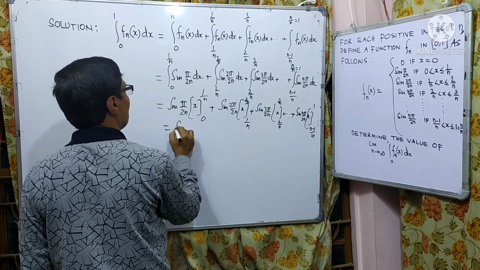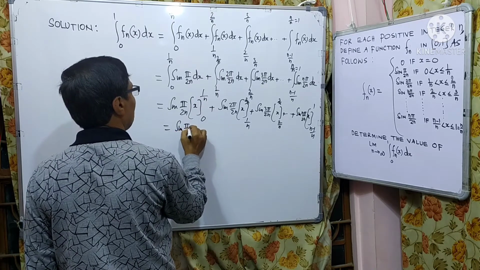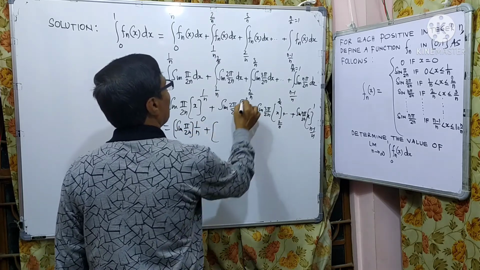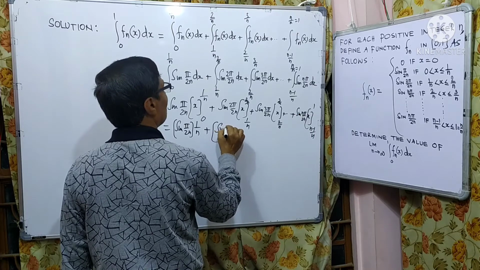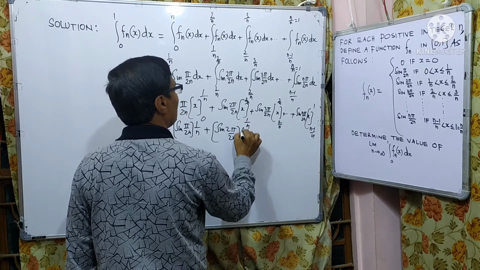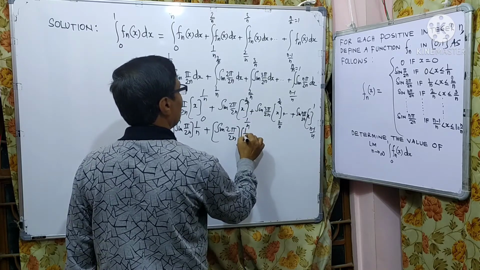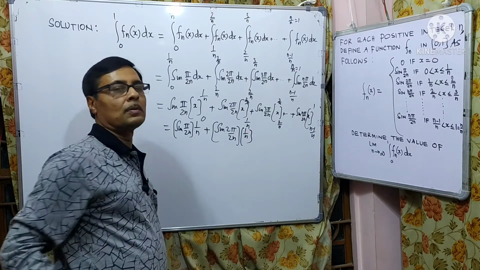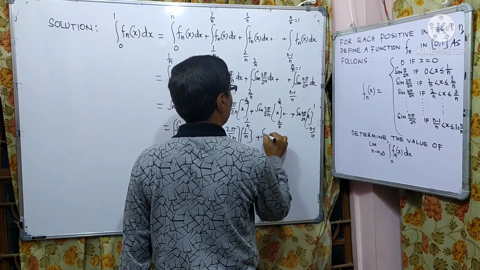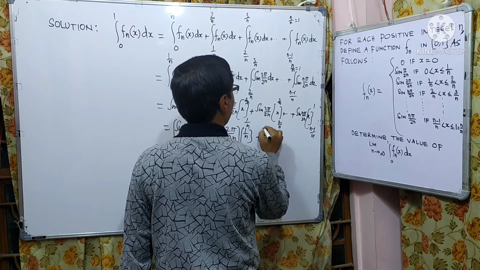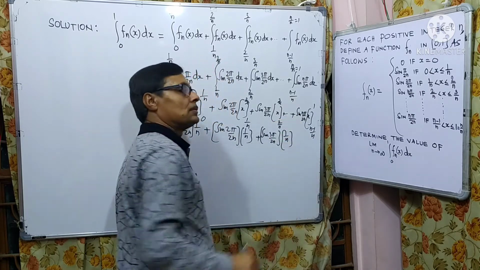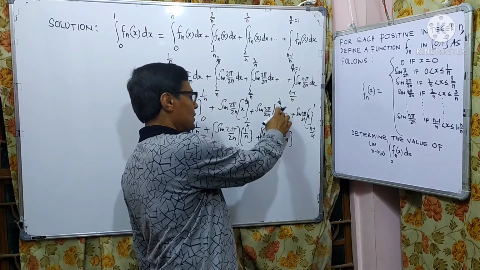The value of this is also 1 over n, since 2 over n minus 1 over n is 1 over n. And this value is sin 3 pi over 2n, which is also 1 over n, since 3 over n minus 2 over n, upper limit minus lower limit, is 1 over n.